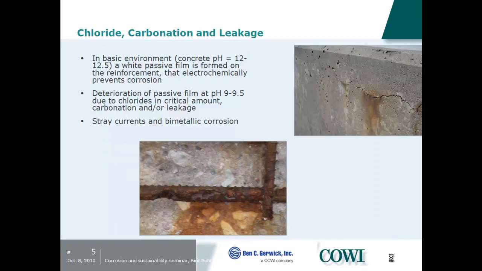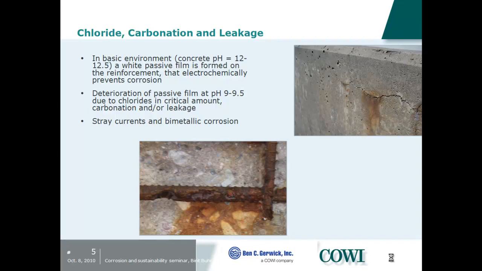Normally concrete has a very high pH value. If we have fly ash and silica fume, it might be down to 10 or 10.5 in pH value. So that actually it lowers the resistance towards corrosion to some extent. But the very high pH value makes it electrochemically unable to corrode because a passive film is formed on the reinforcement layer.